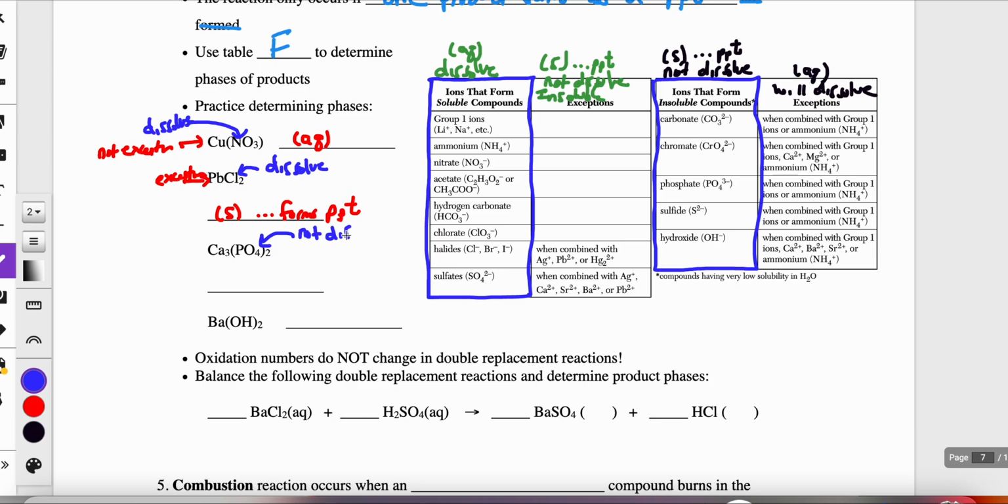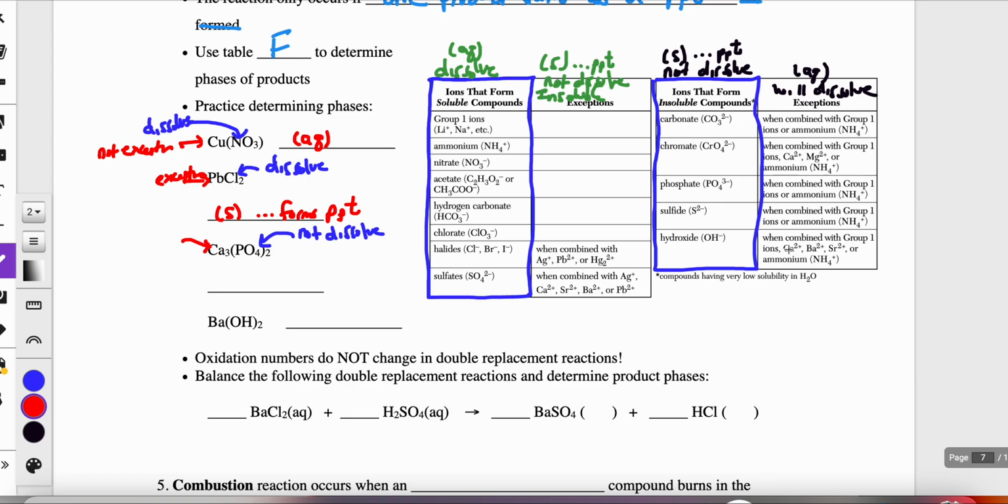PO4s don't easily dissolve in water. Are there exceptions? Yes, there are exceptions. I have to determine whether the partner Ca is one of the exceptions or not.